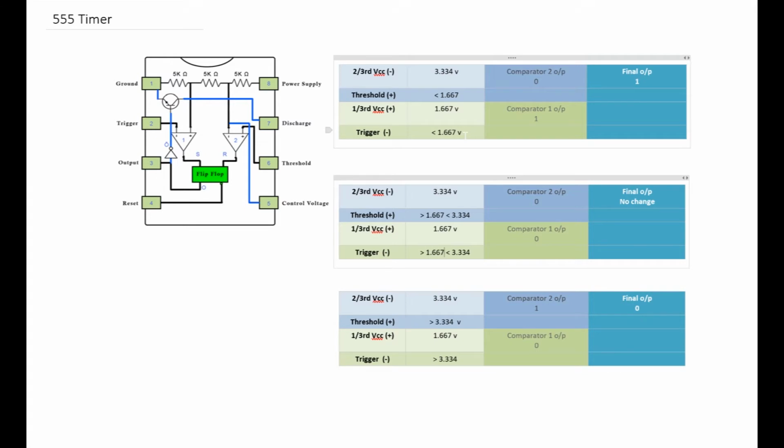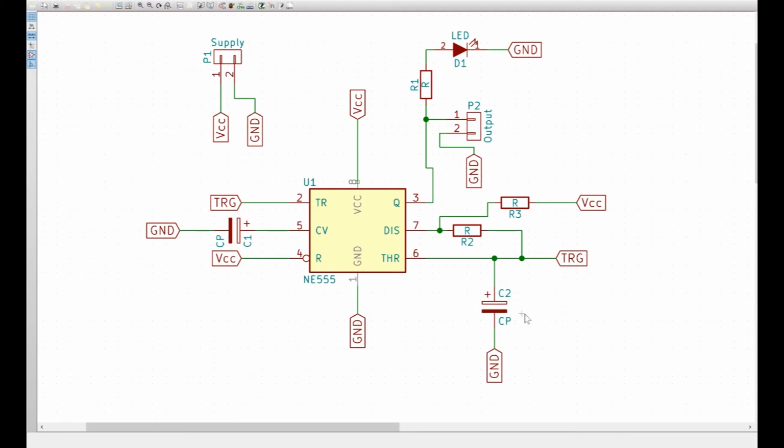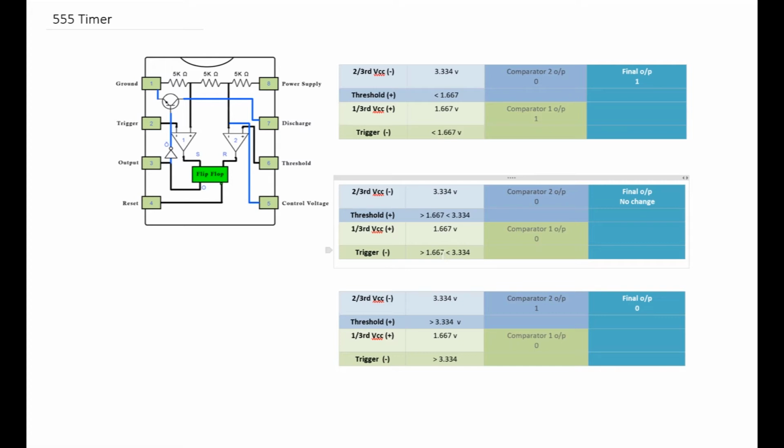As soon as the voltage crosses the level of 1.667 volts, which is greater than 1/3 of VCC and still less than 2/3 of VCC, this is the stage that we get into. The capacitor is getting charged, and as the charging increases, we come to a stage where the voltage across the capacitor is between 1.667 and 3.334 volts.